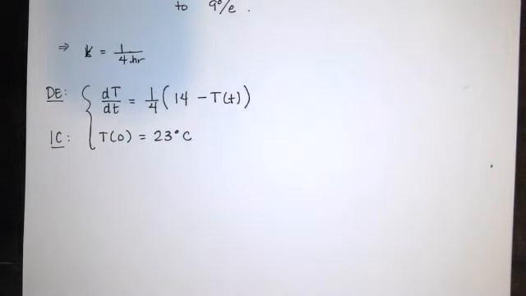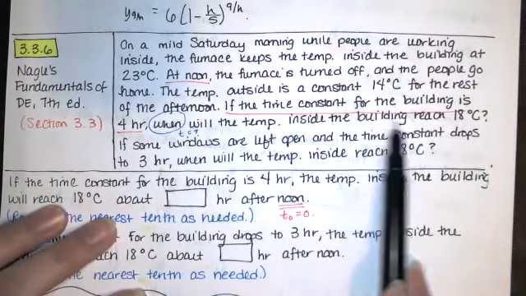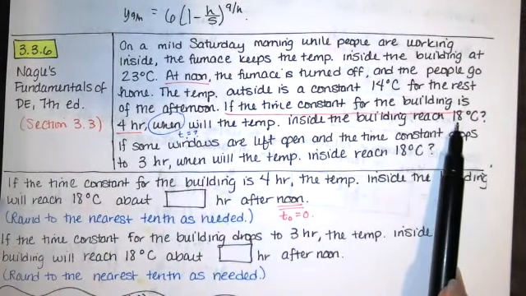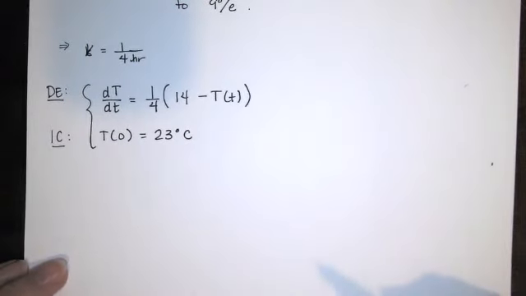Okay, so now we have our mathematical model. And the question says, when will the temperature inside the building reach 18 degrees Celsius? Well, we have to solve this differential equation to figure that out.